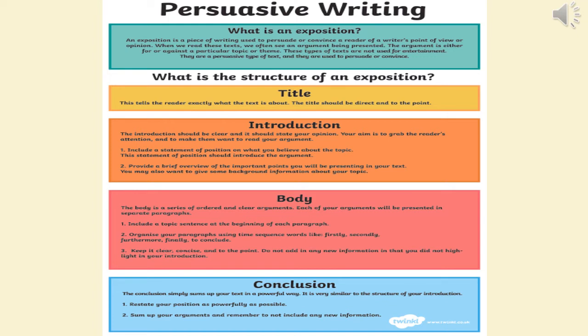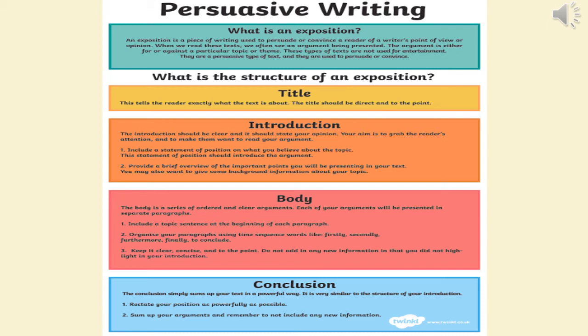After the title, we will have the introduction. The introduction should be clear and it should state your opinion. Your aim is to grab the reader's attention and to make them want to read your argument. This should include two things.